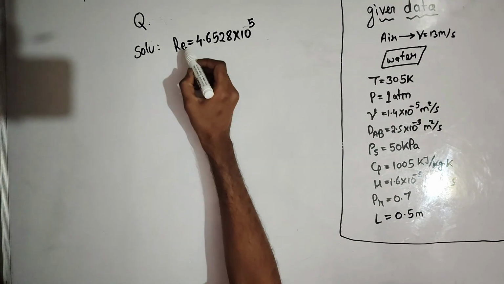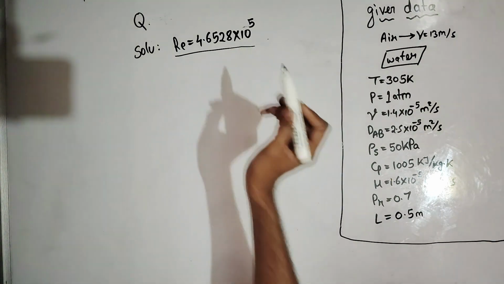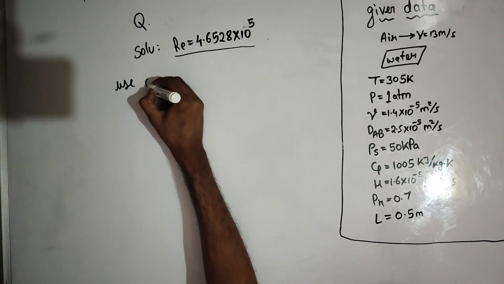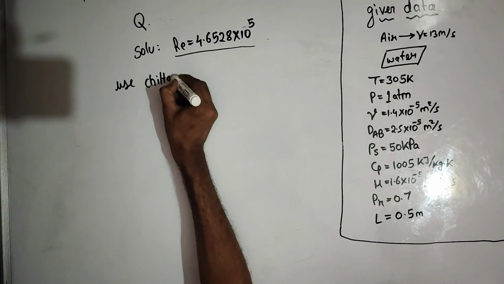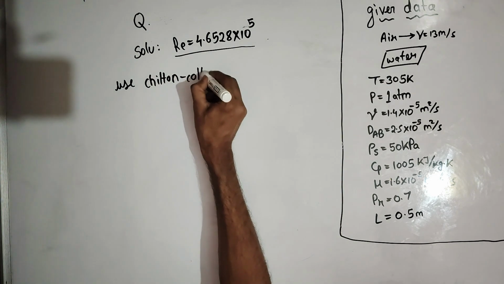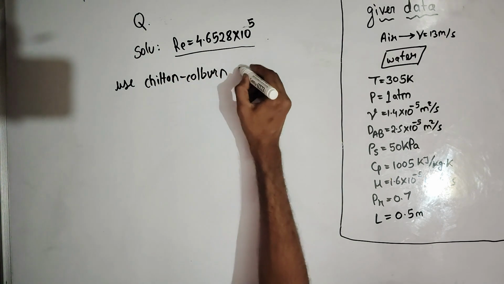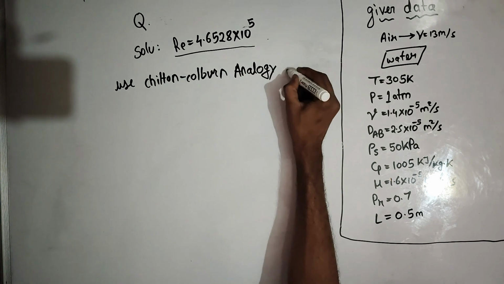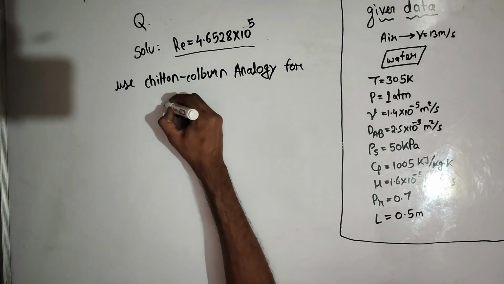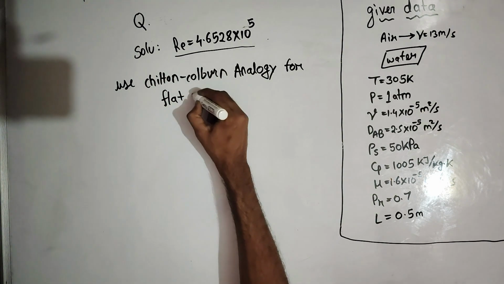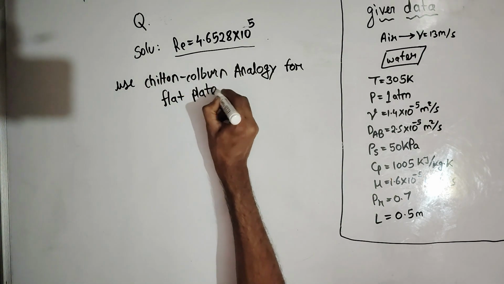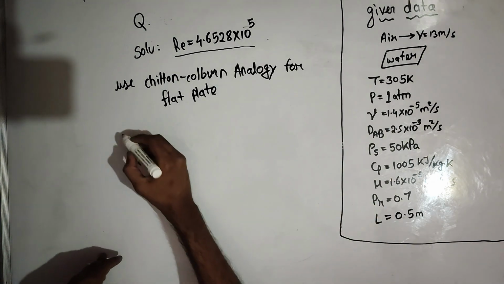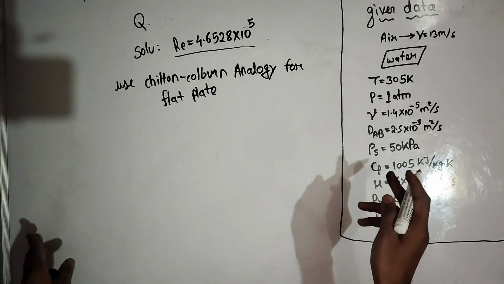Now that we have calculated Reynolds number, we will use the Chilton-Colburn analogy for flat plates. In our case, we are finding for mass transfer and laminar flow.